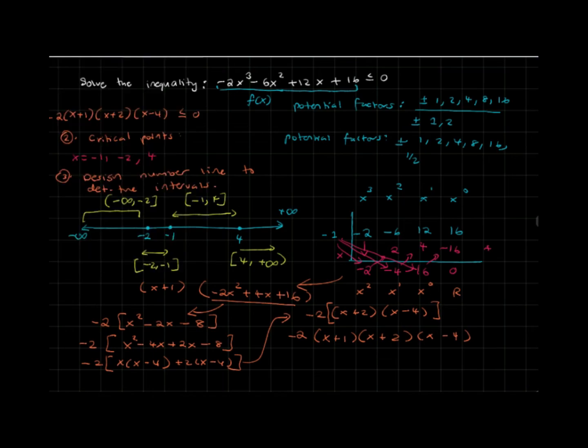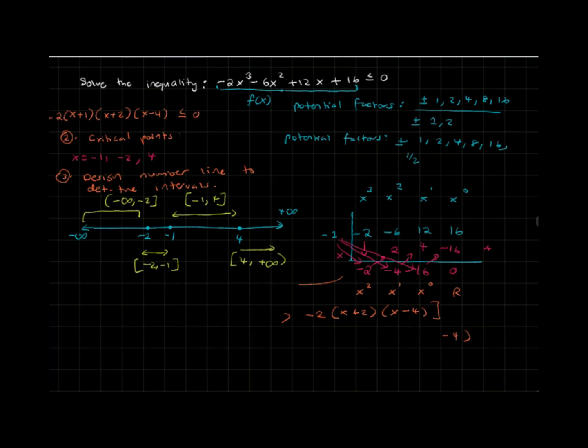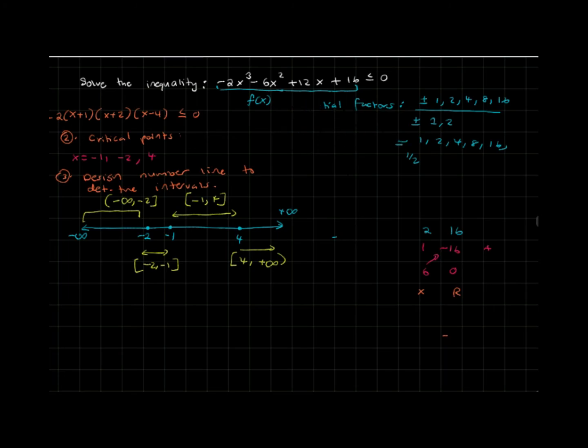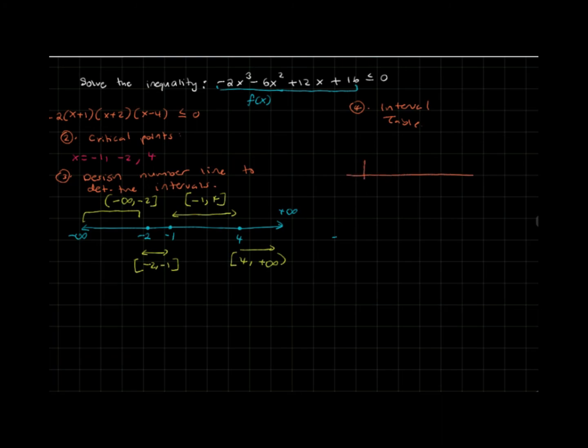Then what we want to do is design our interval table. So I'm just going to make some space here to design our interval table. Okay, so for designing our interval table, what we want to do is place our intervals on the top.